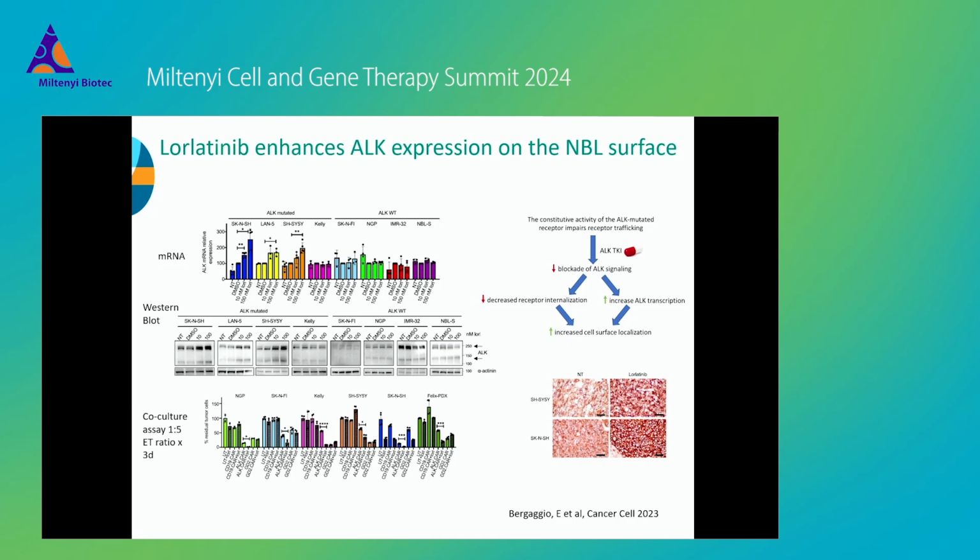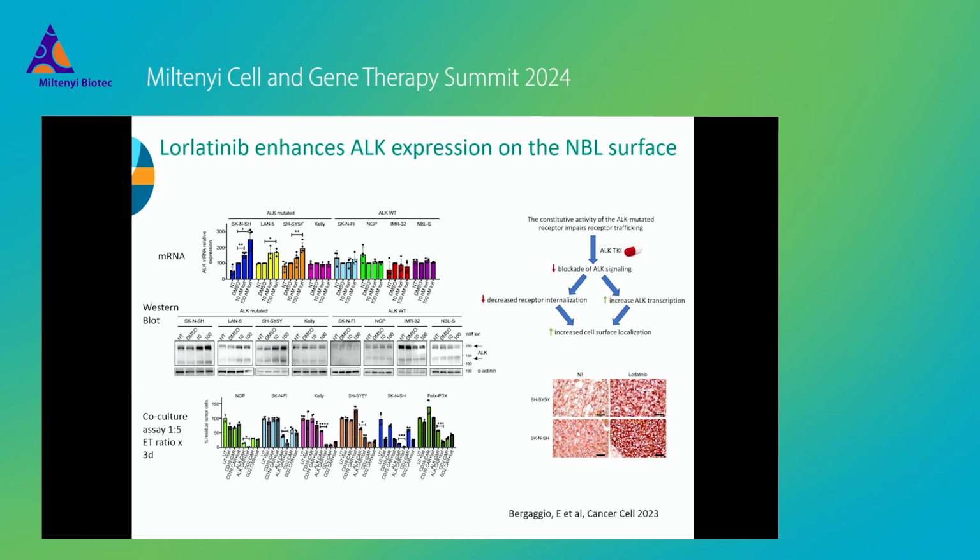But it turned out, as was actually anticipated by other papers, that lorlatinib has an additional property: in some neuroblastoma, in particular the mutated cases, it can upregulate the expression of the protein on the cells. If you block the activity of ALK, there is a feedback loop by which the promoter gets activated, and so much more protein is expressed on the surface, right?